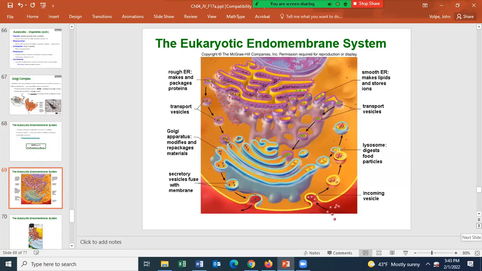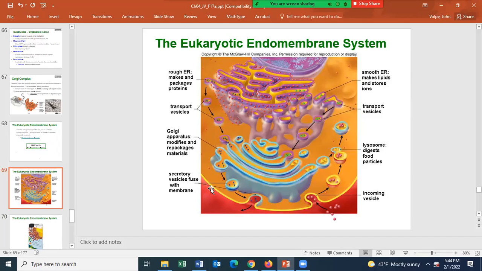All right, this is showing you the endomembrane system where a protein gets made by the rough ER. Protein gets made into a transport vesicle, which fuses into this end of the Golgi apparatus. The proteins are then brought into the Golgi apparatus and they're modified. And then the proteins are packaged in a vesicle, which buds out of the Golgi apparatus on this end.